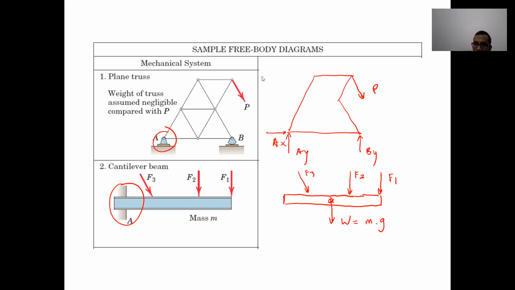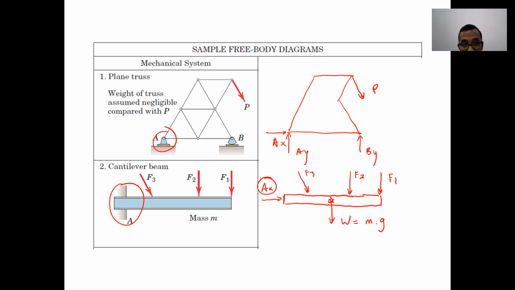So in that case, when it's restricted to move in the x direction, what kind of force are we supposed to add there? Of course, we have to add the x reaction force, right? This one will restrict the movement in the x direction, correct?